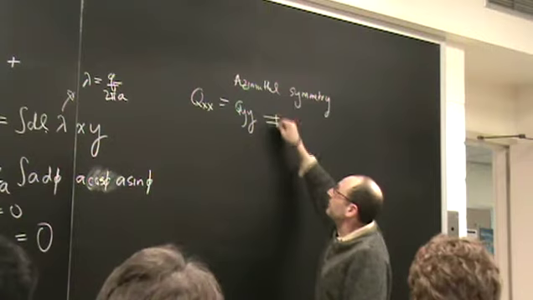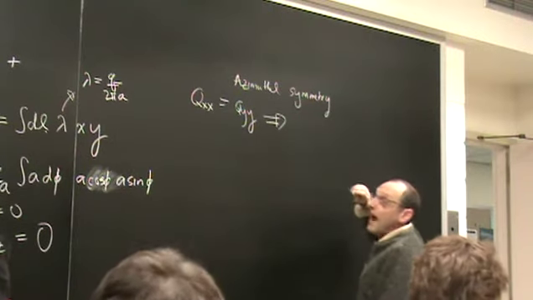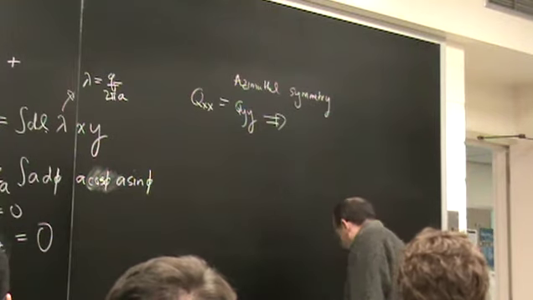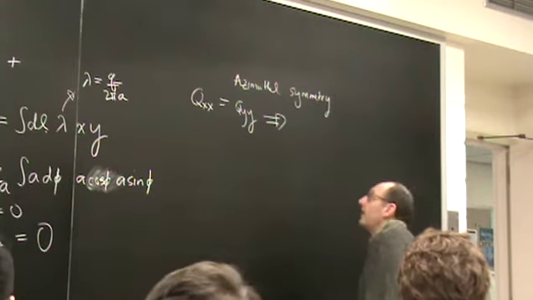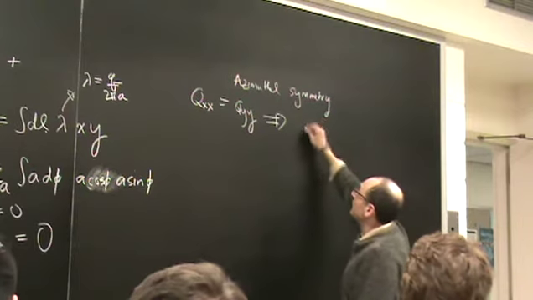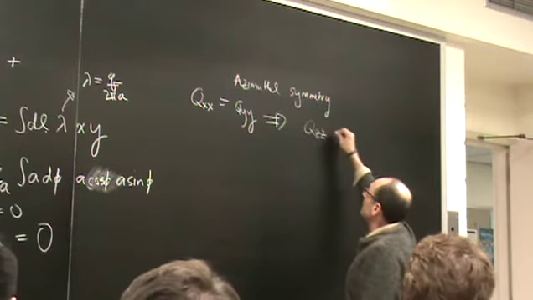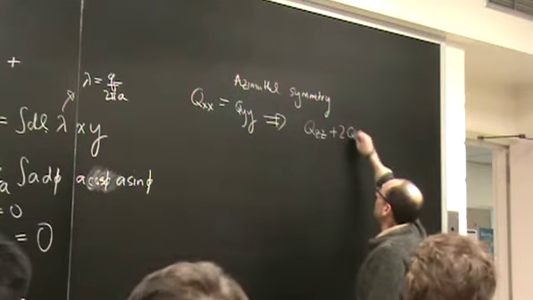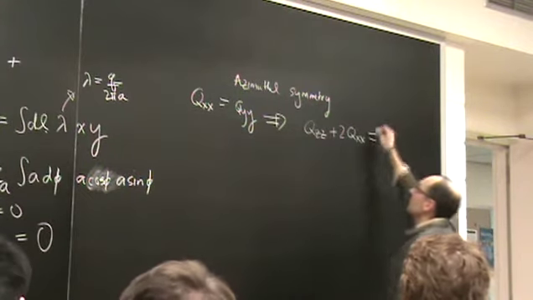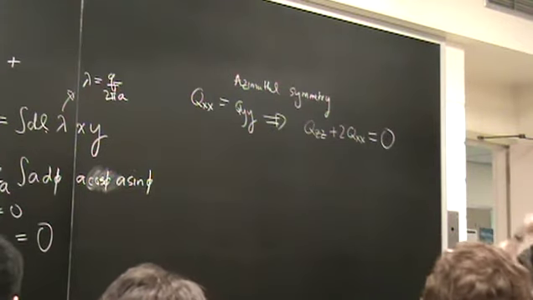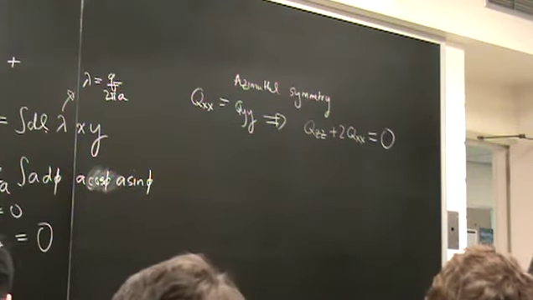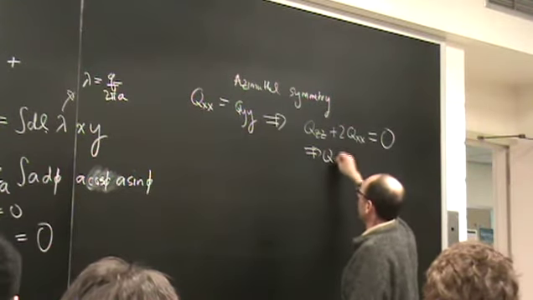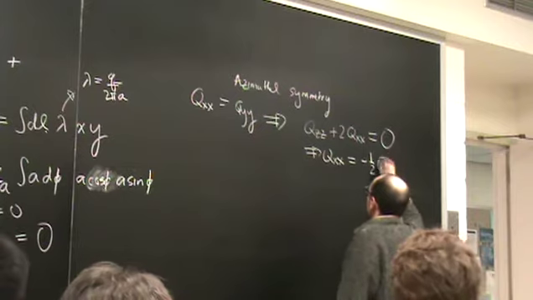And that thus tells us, in the case of azimuthal symmetry, there is just one number that specifies the whole tensor, and that's qzz. Because qzz plus twice qxx is 0, because qxx plus qyy plus qzz is 0. And these two are equal, so qxx has to be minus a half qzz.